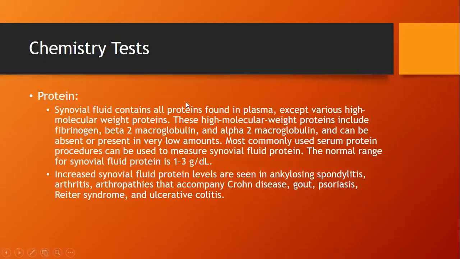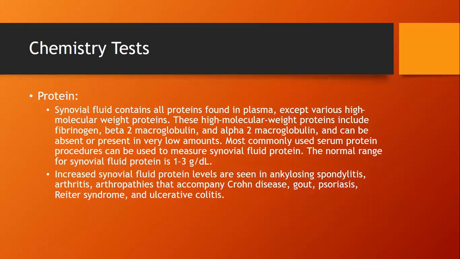Now, chemistry tests may be done, such as protein determination. Your synovial fluid contains all proteins found in the plasma except for high molecular weight proteins, which normally do not appear in the synovial fluid. These include fibrinogen, beta 2 macroglobulin, and alpha 2 macroglobulin.